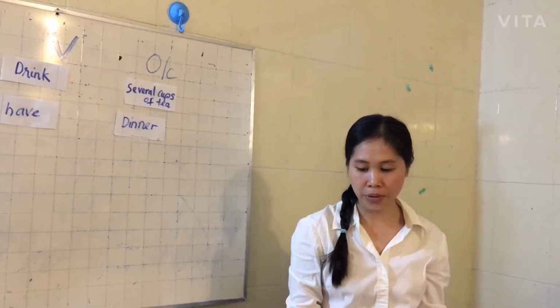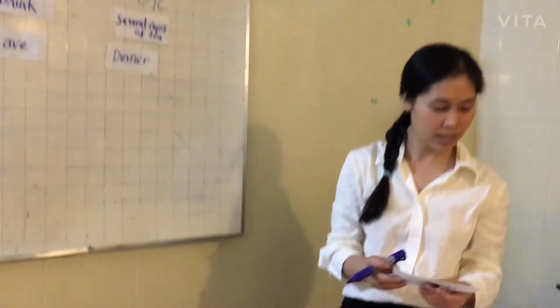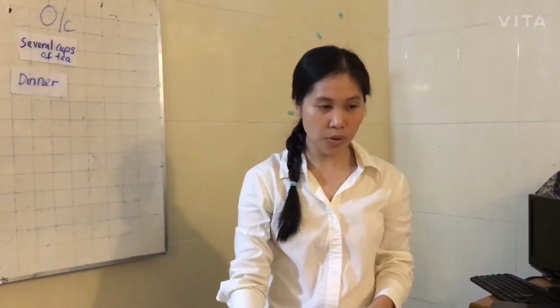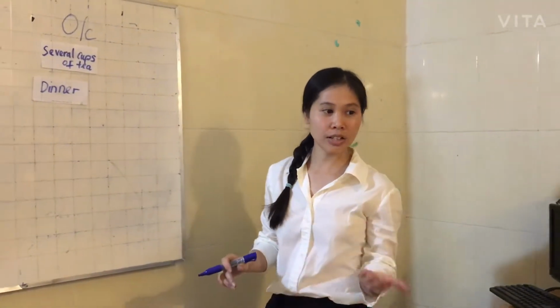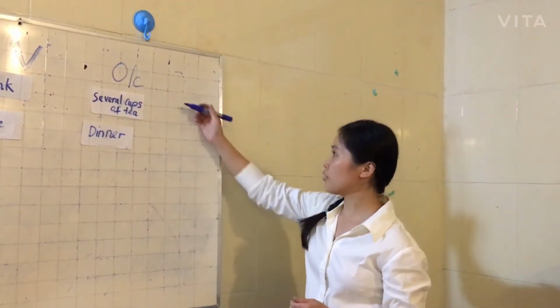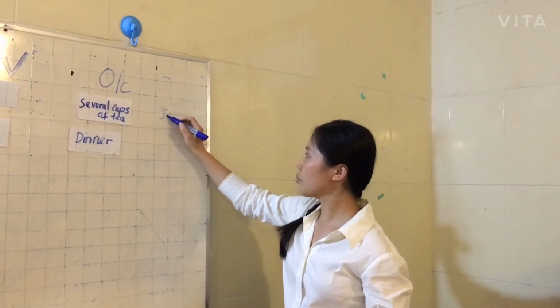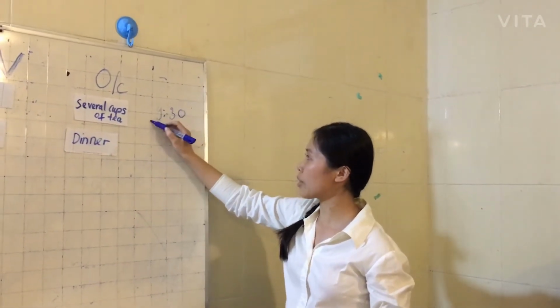So for example, the time that they drink several cups of tea: in the morning after they pluck, they drink the cup of tea around 9:30. So the time I give you.